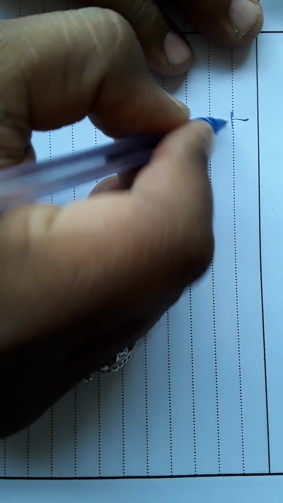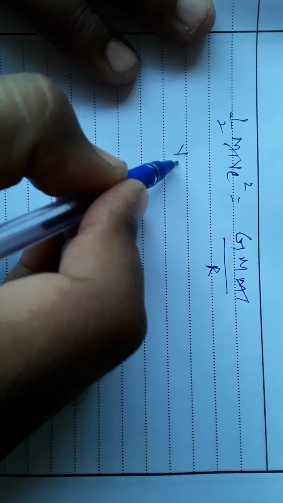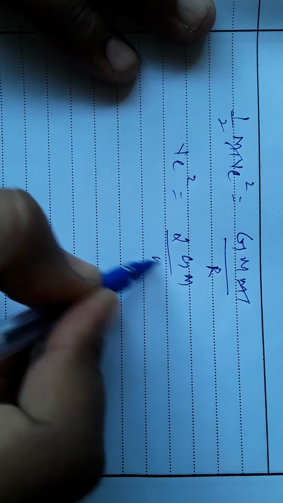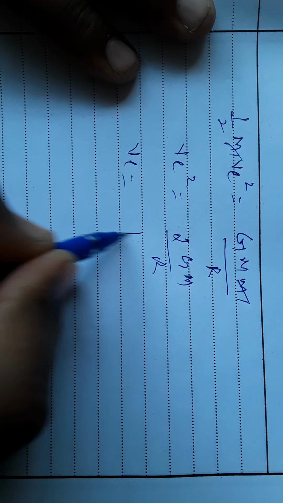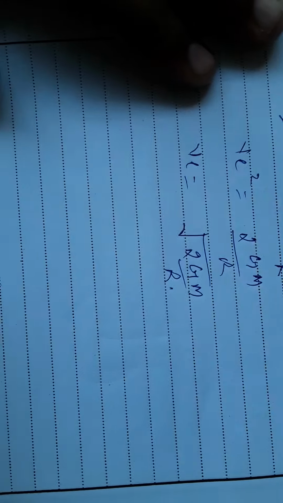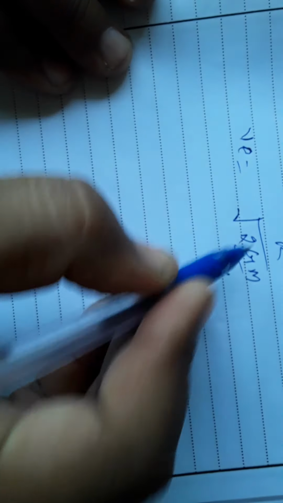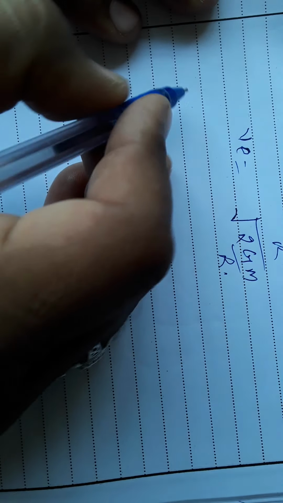Now half m1 ve square is equal to G m m1 upon r. m1 will be cancelled. So ve square is 2GM by r, ve is equal to under root 2GM upon capital R. So this is the required expression for the escape velocity, which is under root 2GM upon r.